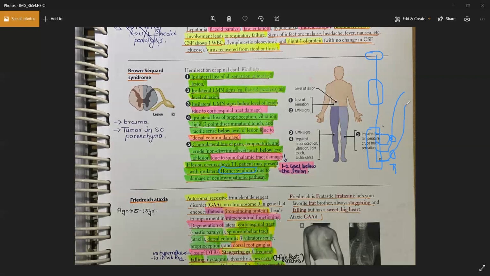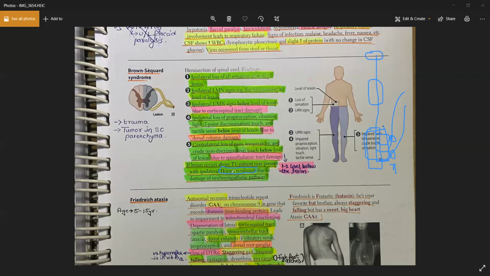If I get damage in the spinal cord up to T1, I will get a loss of the ipsilateral descending hypothalamic tract, and because of that I will get ipsilateral Horner syndrome.